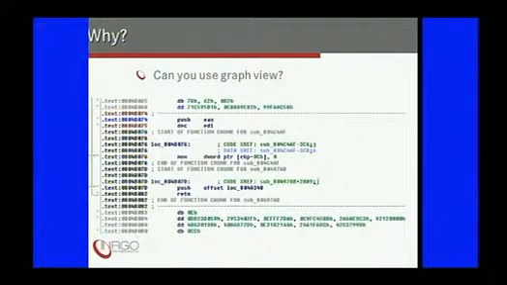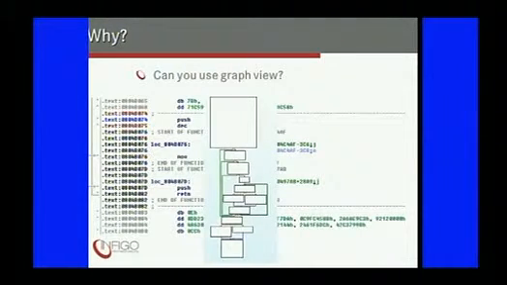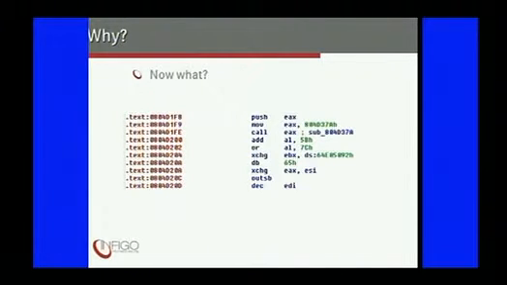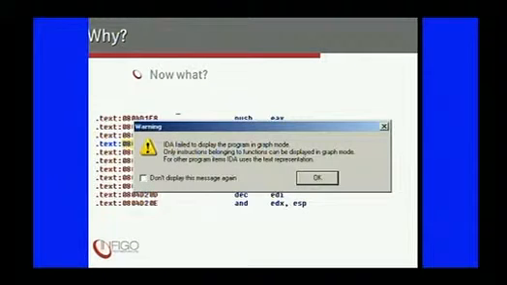Of course, you can use GraphView, which collects all the blocks and joins them into one easy to navigate graph. But GraphView is only available when you can make your obfuscated code into a function. If it's impossible, then you get this error message.